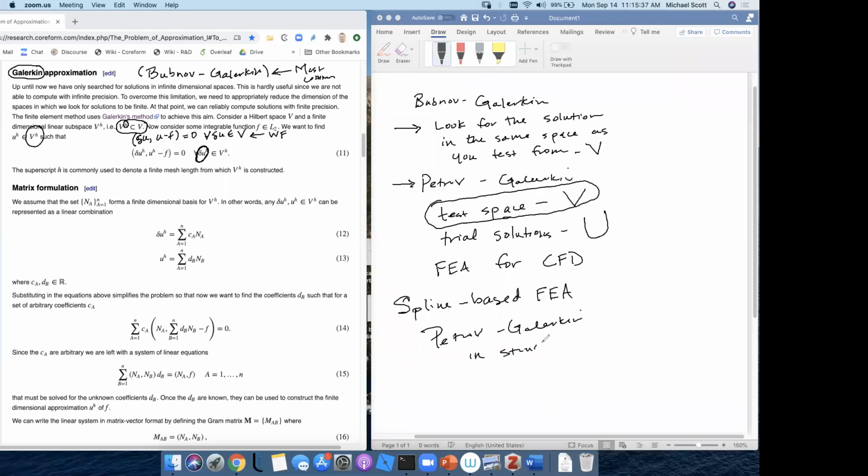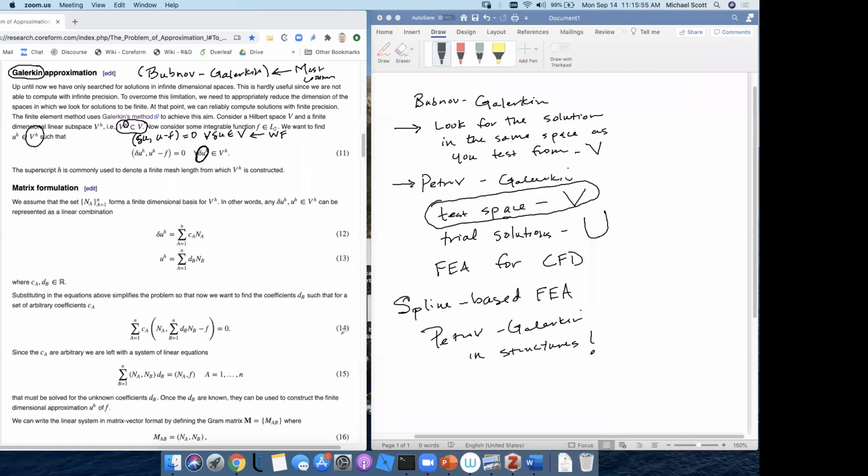Because we'll build, for example, test spaces that have maybe certain structure to them that make the linear systems of equations either better conditioned or easier to solve or any of the above.